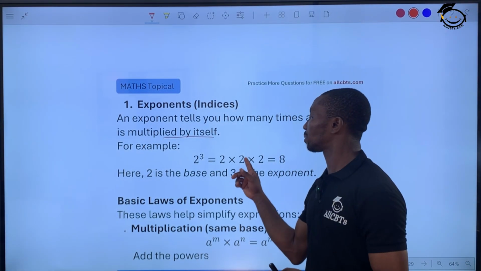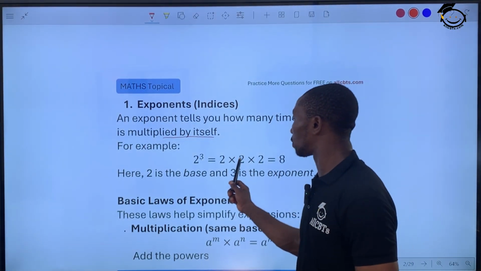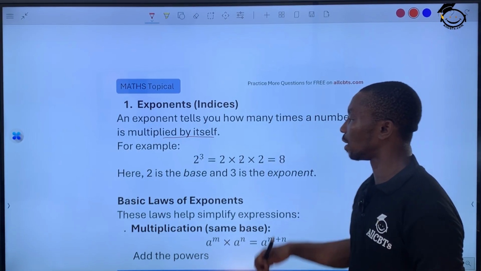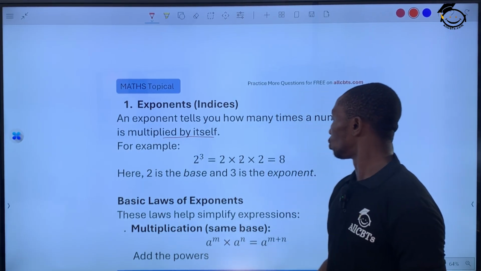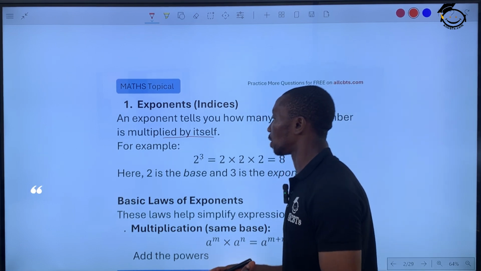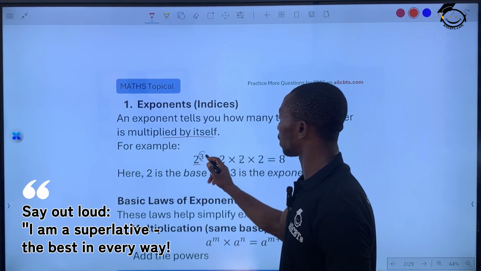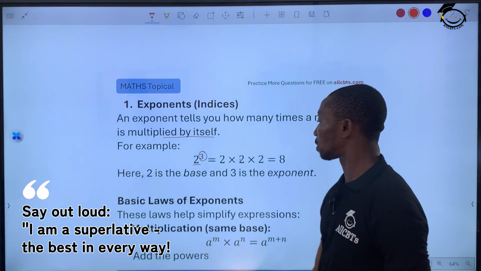That is 2 times 2 times 2. Okay, and 2 times 2 is 4, 4 times 2 is 8. So 2 raised to power 3 gives us 8. Now 2 is our base, while 3 is our exponent.